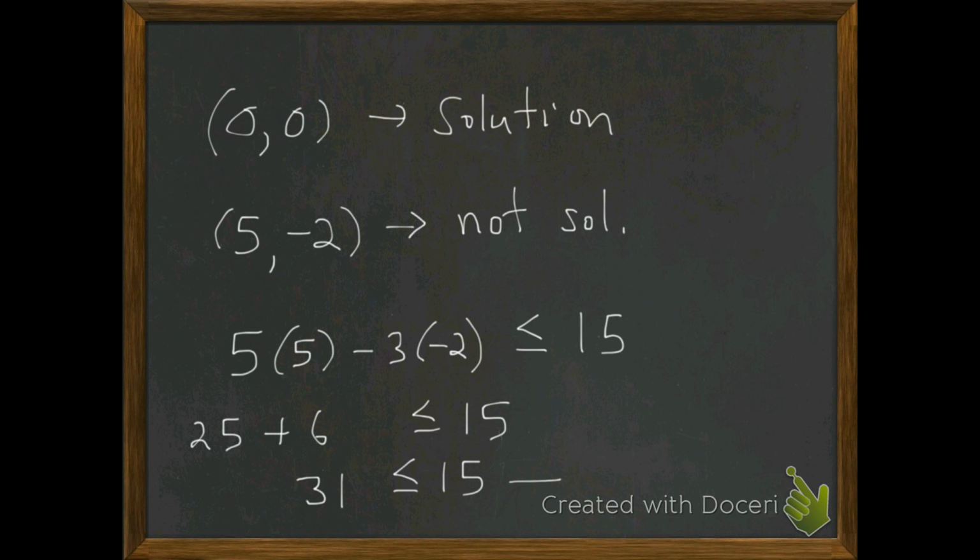And guys, this is a false statement. 31 is not less than or equal to 15. So guys, any point value that's in the shaded area is a solution, and anything that's not in the shaded area is not a solution.